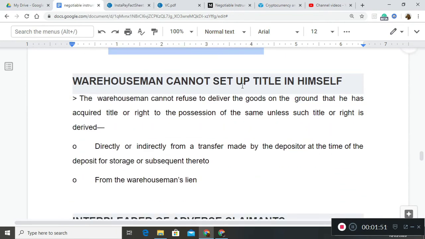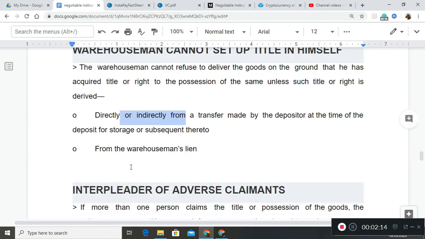Our warehouseman cannot set up title in himself, meaning he cannot refuse to deliver the goods on the ground that he has acquired title to or a right to the possession of the goods, unless such title or right is derived directly from a transfer made by the depositor at the time of deposit for storage or subsequent thereto, or from the warehouseman's lien.